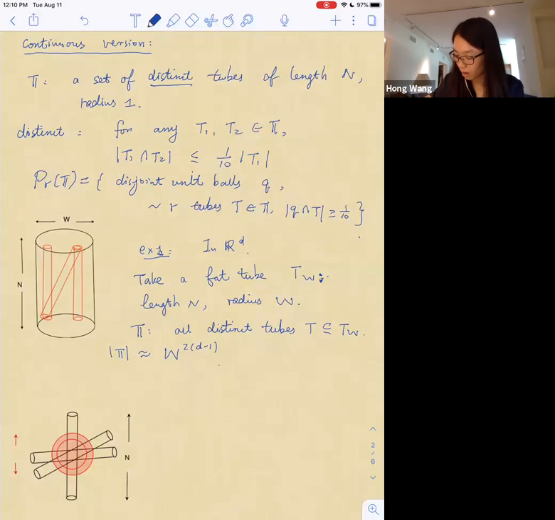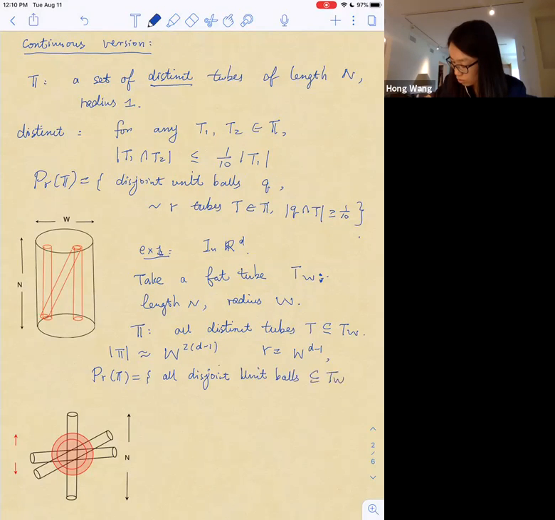And if we take R equal to W to the d minus 1, then the set of R-rich unit balls for our set of tubes is all pairwise disjoint unit balls that lie inside the fat tube.